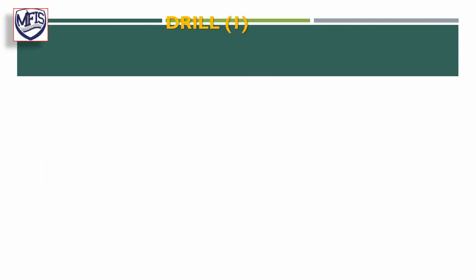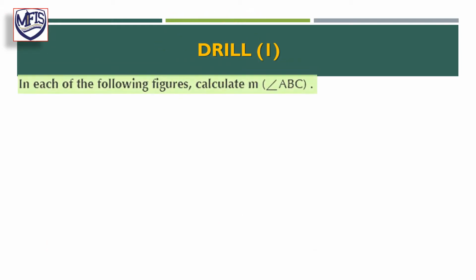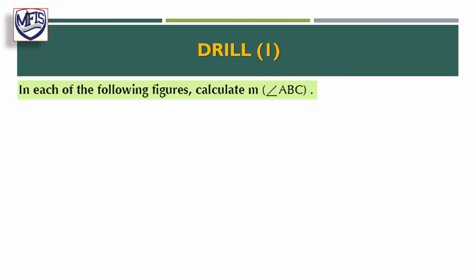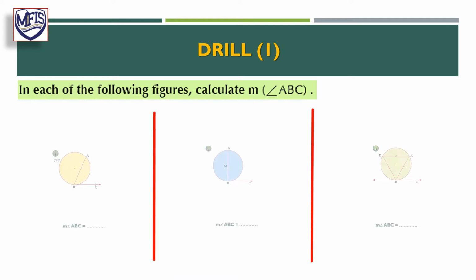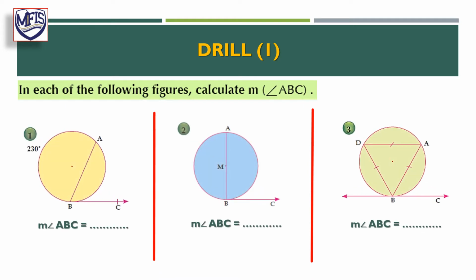Drill number 1. In each of the following figures, calculate measure angle ABC. Look at problem number 1. Angle ABC here is an angle of tangency. Then the measure of angle ABC equals half measure arc AB. Now, what is the measure of arc AB?